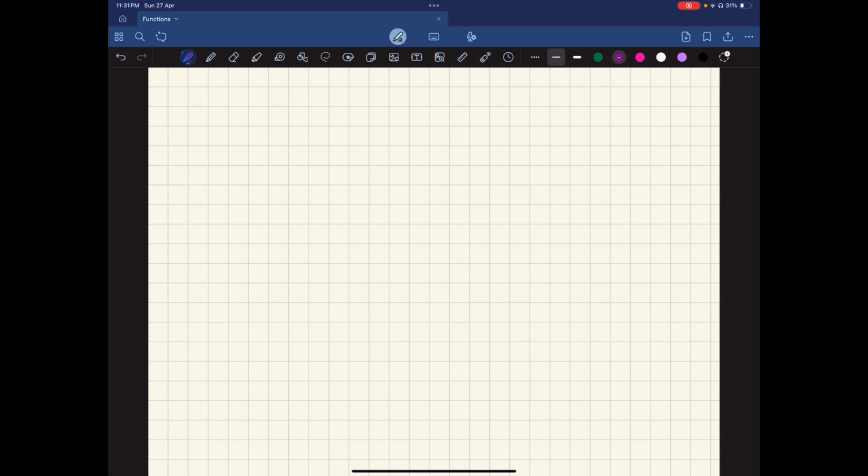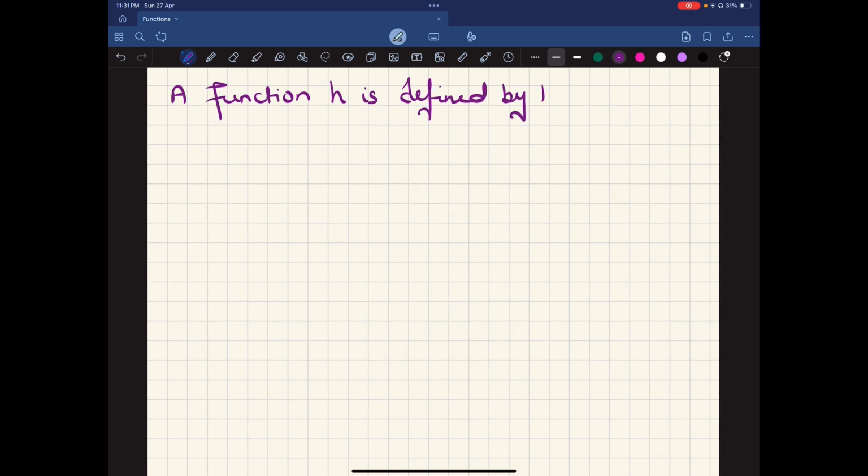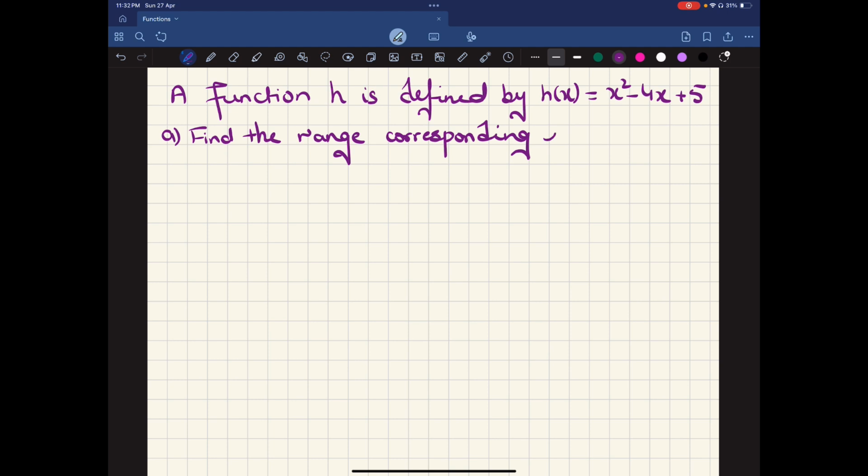Let's say that a function h is defined by h of x equals x squared minus 4x plus 5, and the question is asking you to find the range corresponding to the domain of x greater than or equal to 1 and less than 4.